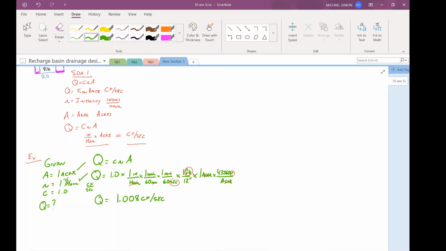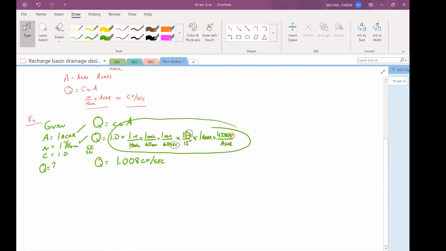You always have the option of going through this entire conversion. You can always do that. Or you can take Q is equal to CIA, where C is 1.0 times 1 inch per hour times 1 acre, and then magically it's 1 cubic foot per second. I would go with that.